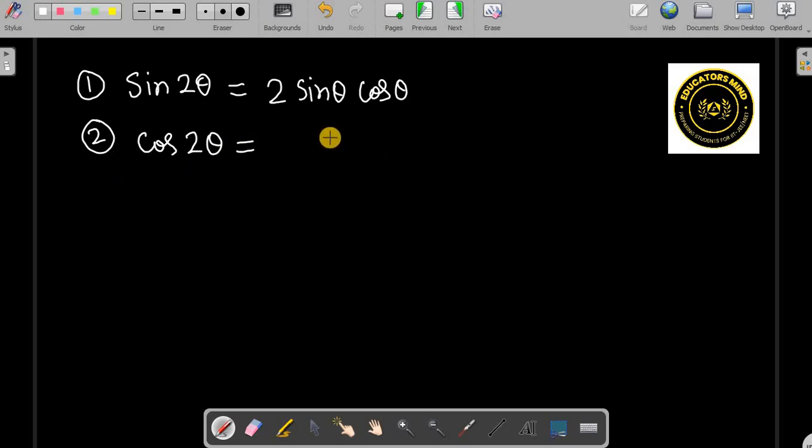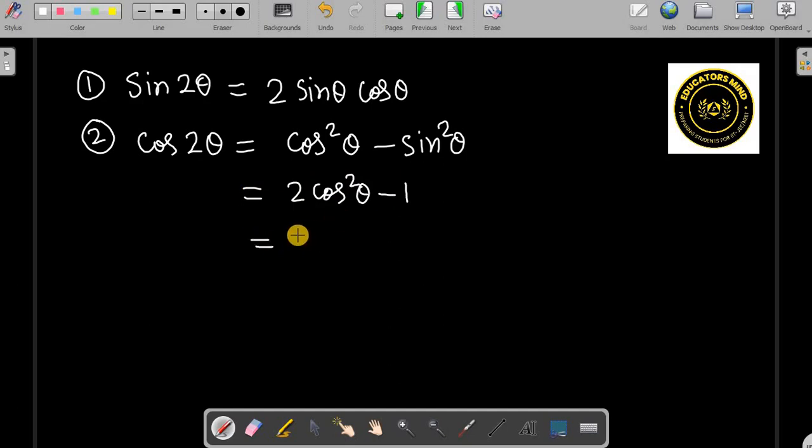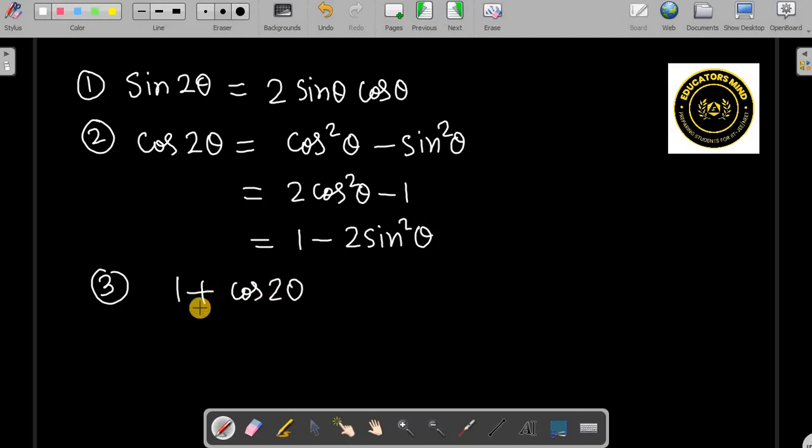It will become cos square theta minus sin square theta, which can be further written as 2 cos square theta minus 1, or as 1 minus 2 sin square theta. From formula number 2, we can also write that 1 plus cos 2 theta divided by 2 is cos square theta. This is an important formula.